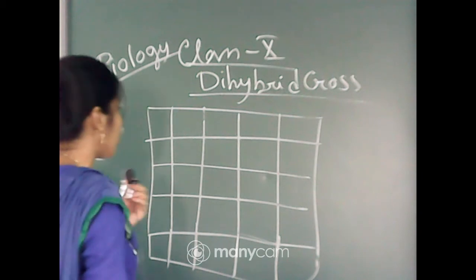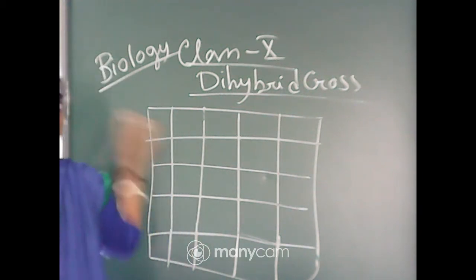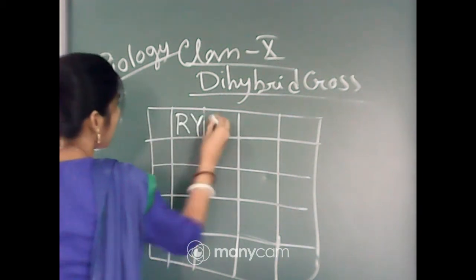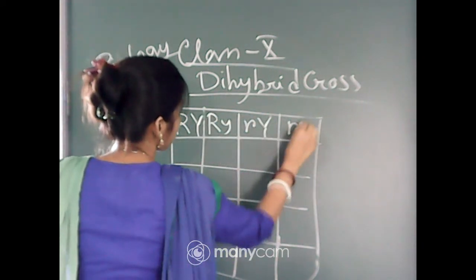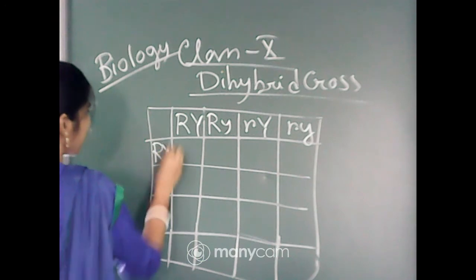What were the gametes? 4: capital R capital Y, capital R small y, small r capital Y, and small r small y. On the left side again the same.